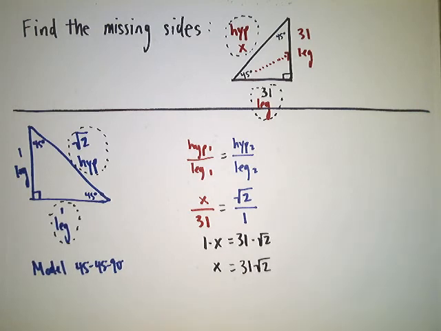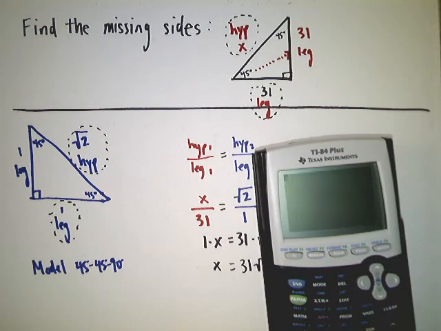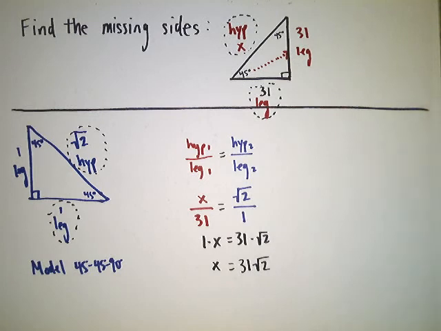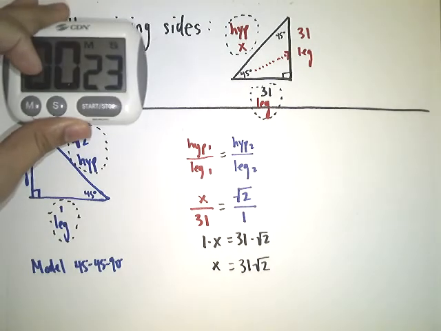If you wanted to get an estimate on the calculator of how big that actually is, you could punch in 31 root 2. It's about 43.8 units long. But I really would like your answer in this form with the square root, rather than going for a decimal approximation. So take 25 seconds, make sure you've got this problem copied down, and you're all ready to go.